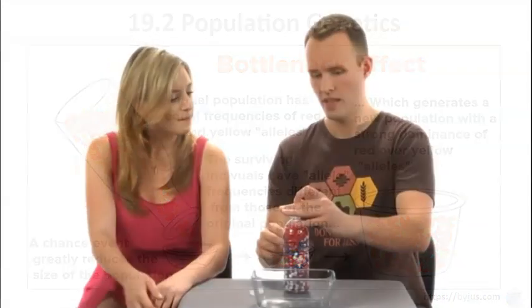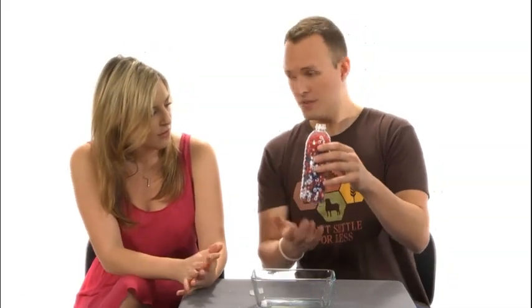What are you doing, crafts? No, I'm actually working on a demonstration for random selection. I have selected some beads to represent people, and I have 3 different colors, red, white, and blue, representing a single trait, but I have 3 different versions. Okay, but why did you put them in the bottle? Well, the bottle is representative of the whole population of people living in a region.